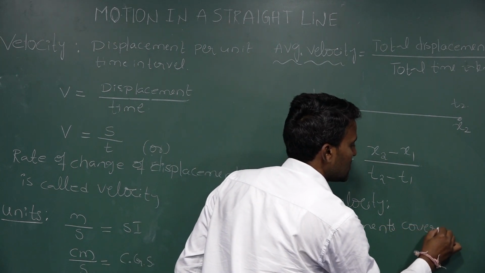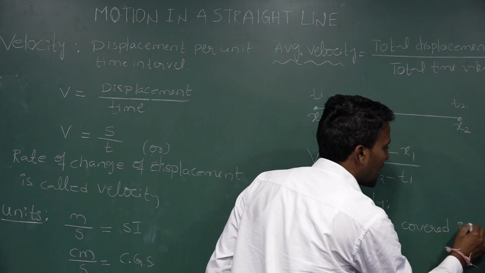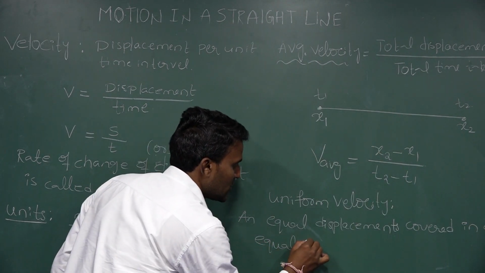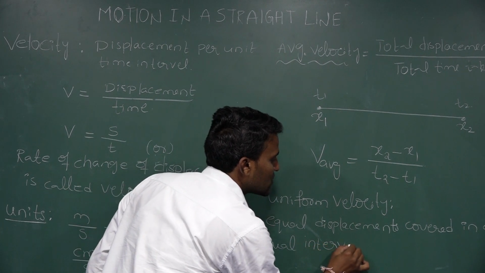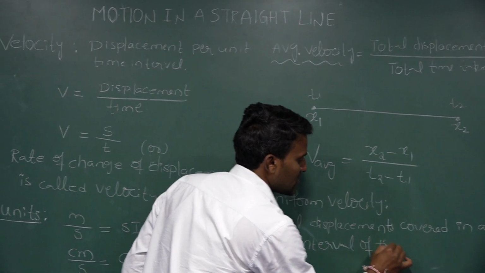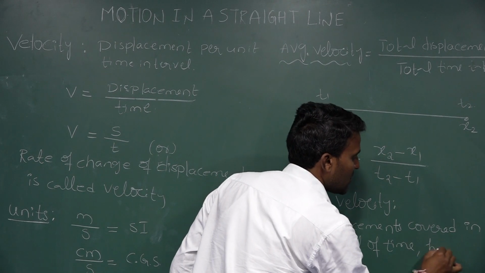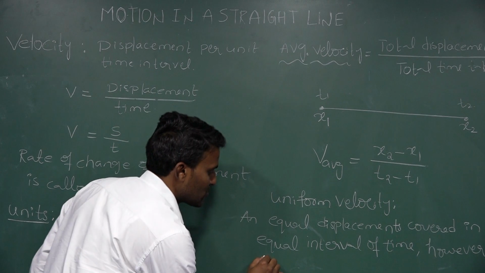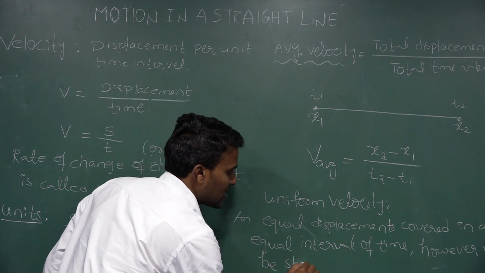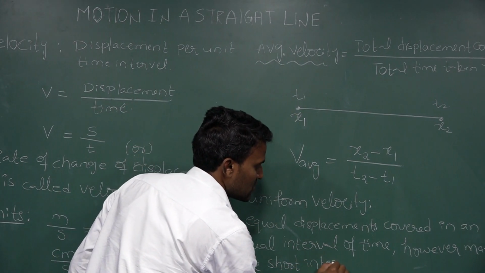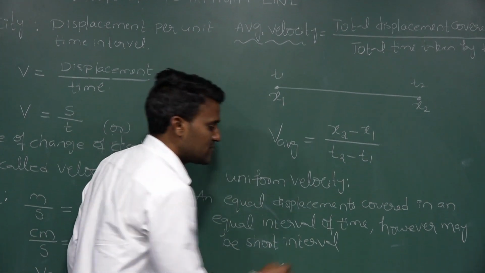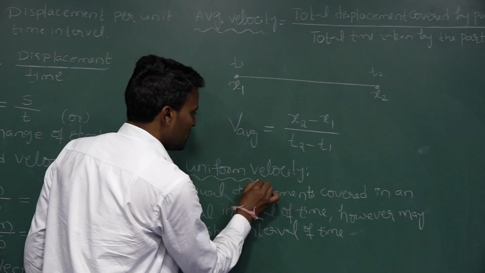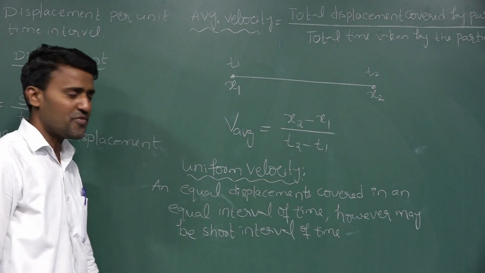Equal displacement covered in an equal interval of time, however short the interval of time may be, that is called uniform velocity.